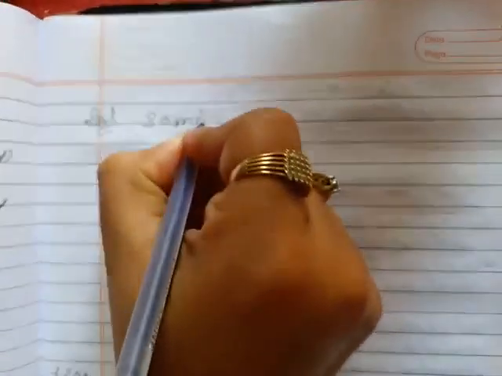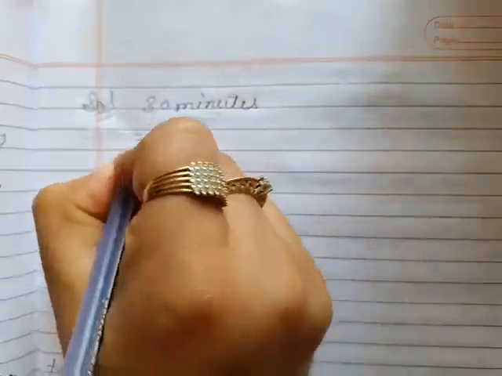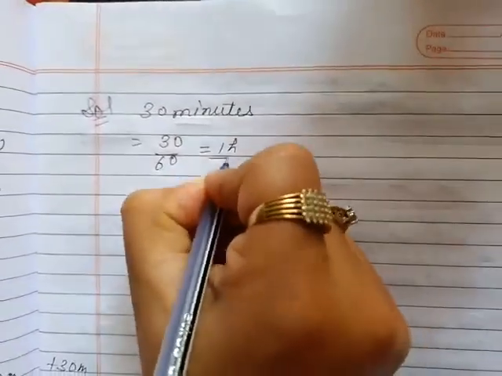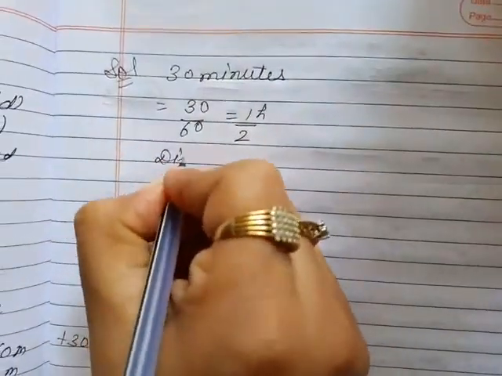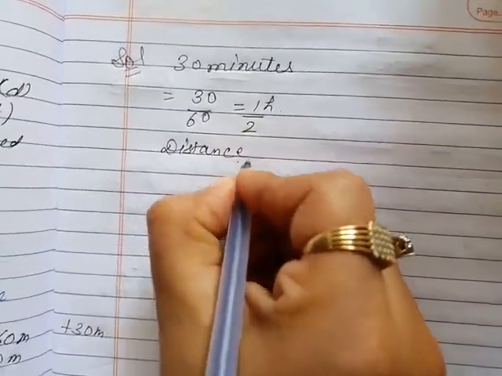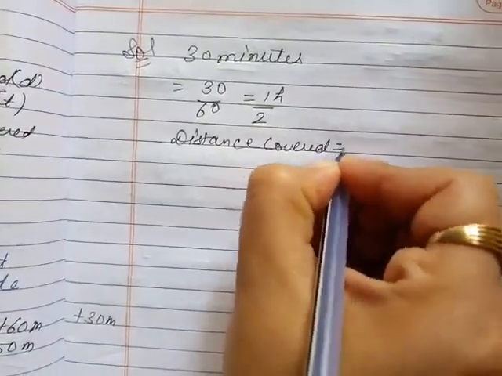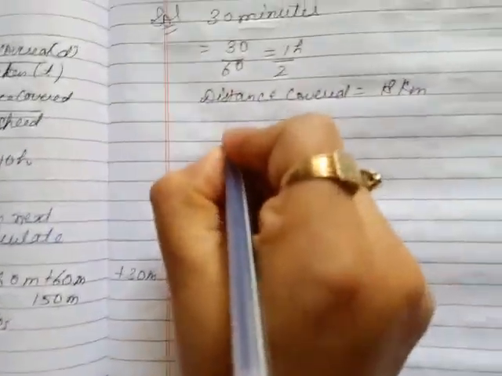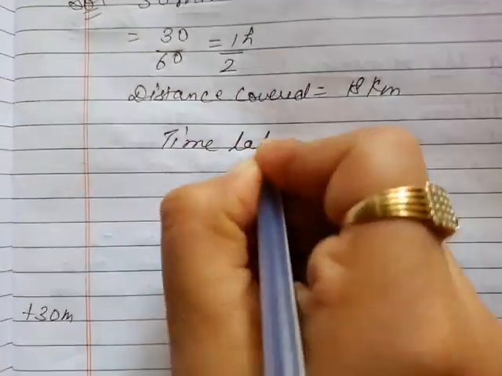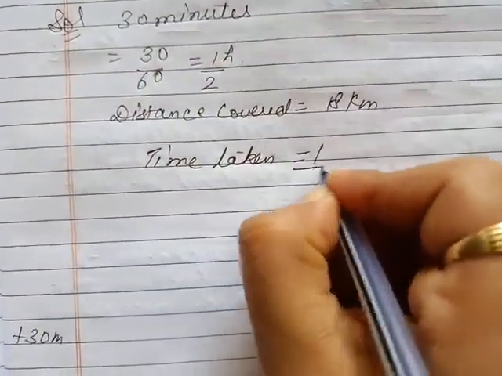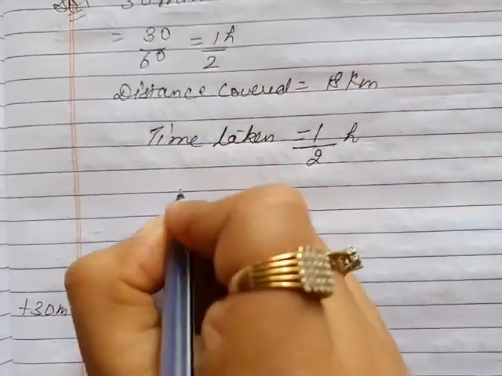30 minutes is equal to 30 by 60, is equal to 1 by 2 hour. Distance covered is 18 kilometers. Time taken is equal to 1 by 2 hour.